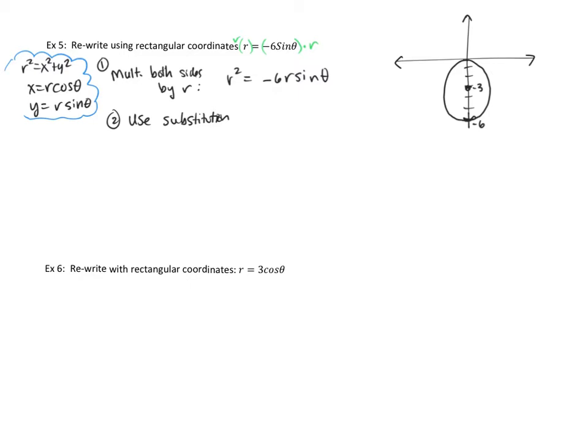And now we can use substitution. r squared is the same thing as x squared plus y squared. Then we have r sine theta, that's the same thing as y. Our next step is we're going to set it equal to 0 and complete the square. So I'm going to add 6y to both sides, and then complete the square.